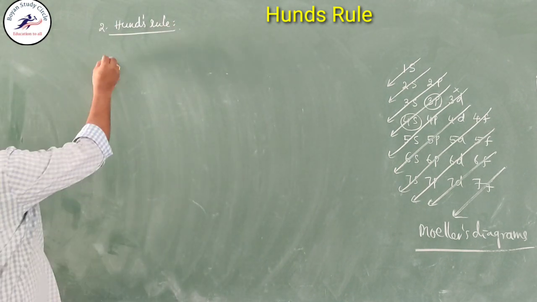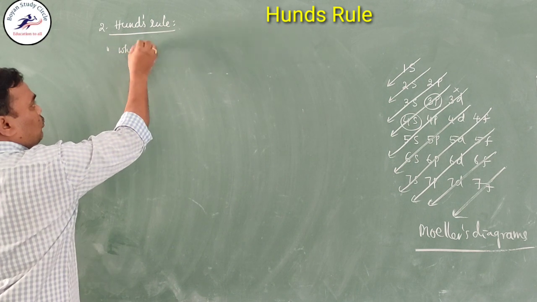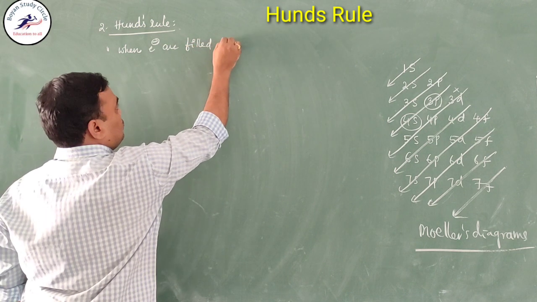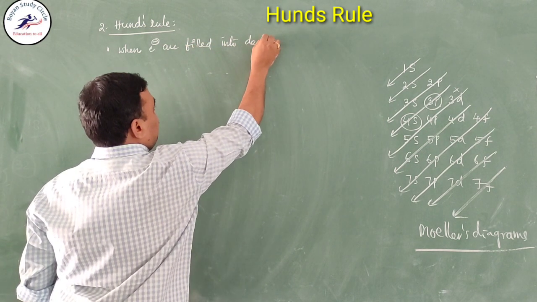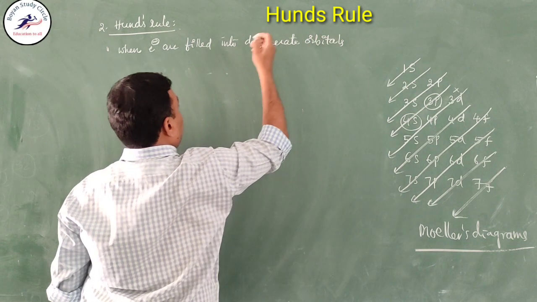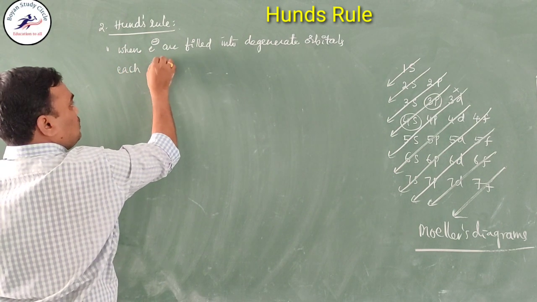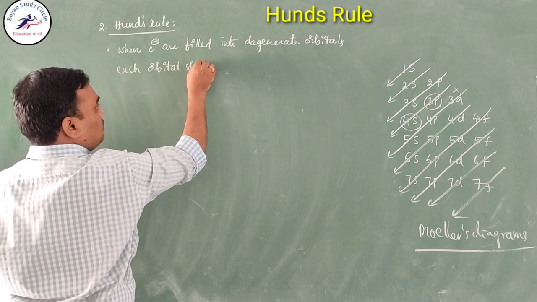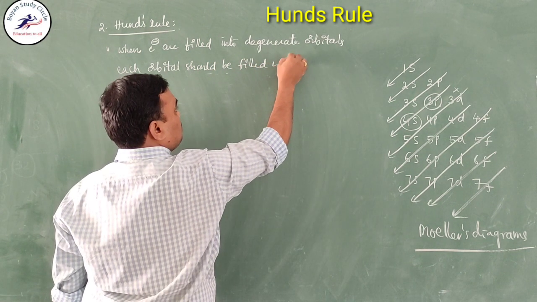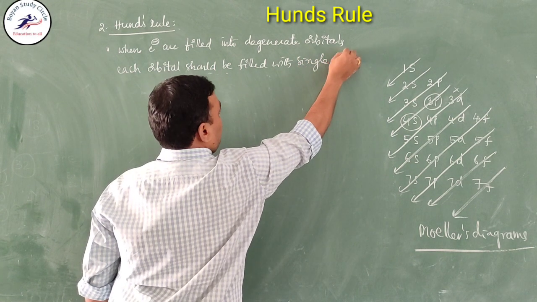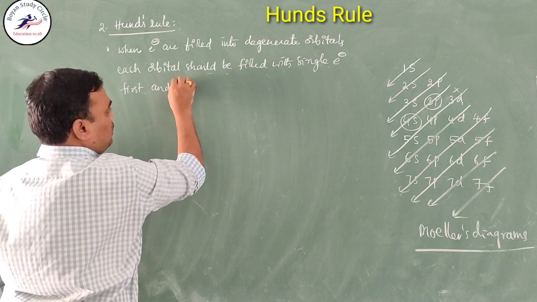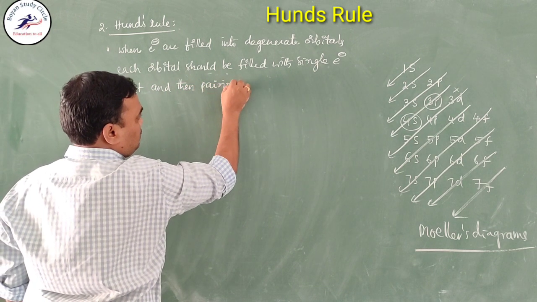So, Hund's rule says that when electrons are filled into degenerate orbitals, each orbital should be filled with a single electron first and then pairing should take place.